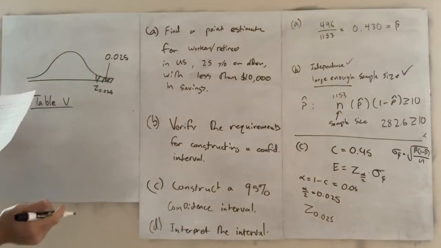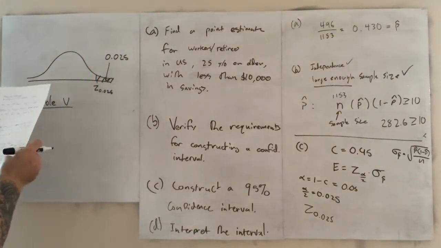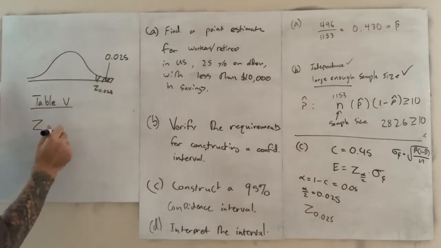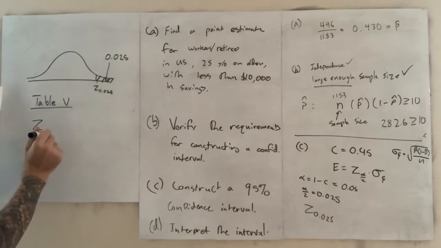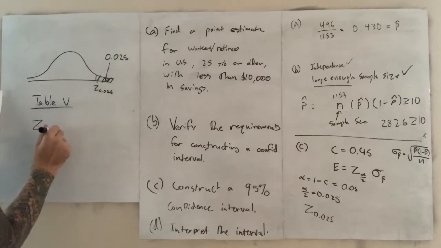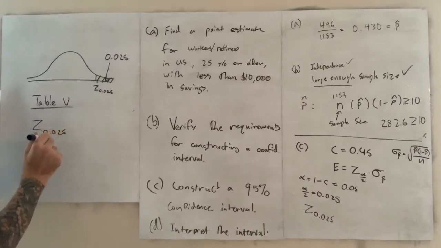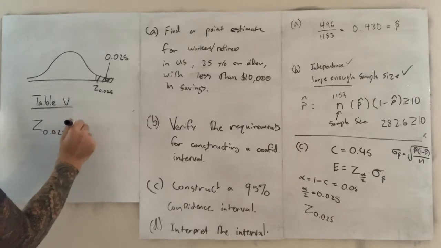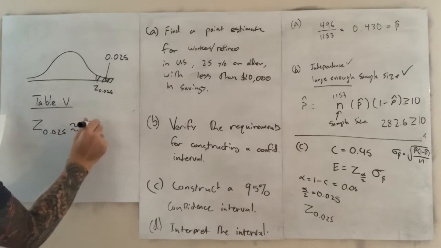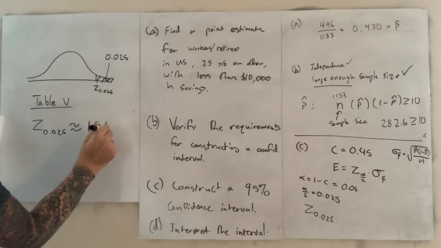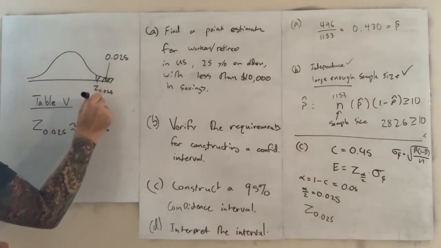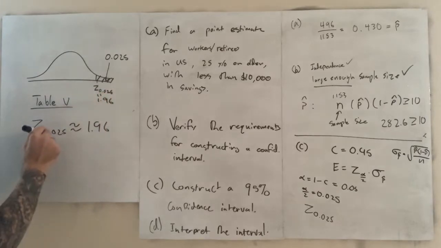And one thing you might find is that the z sub 0.025, the best estimate is going to be 1.96. So that means this value here is 1.96.